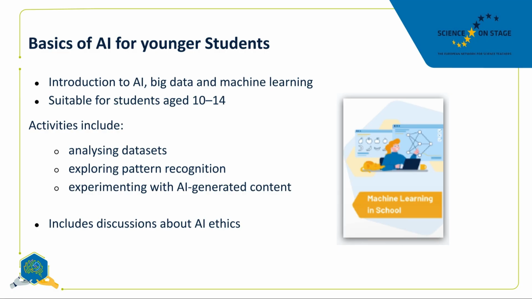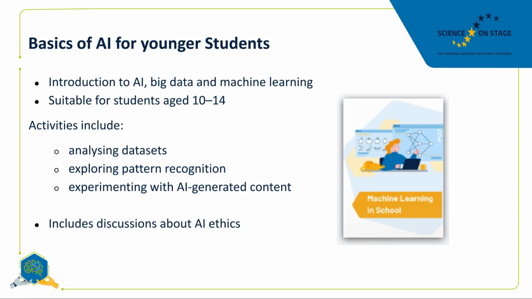In this first example, Basics of AI for Younger Students, the unit introduces the basic concepts of AI, big data, and machine learning. It is designed for students aged 10 to 14, making it a good entry point for lower secondary education. Students explore how AI systems analyze large data sets and identify patterns.